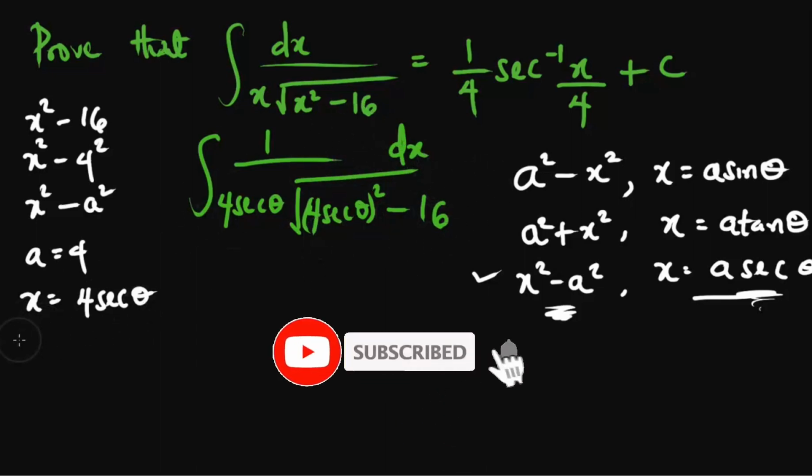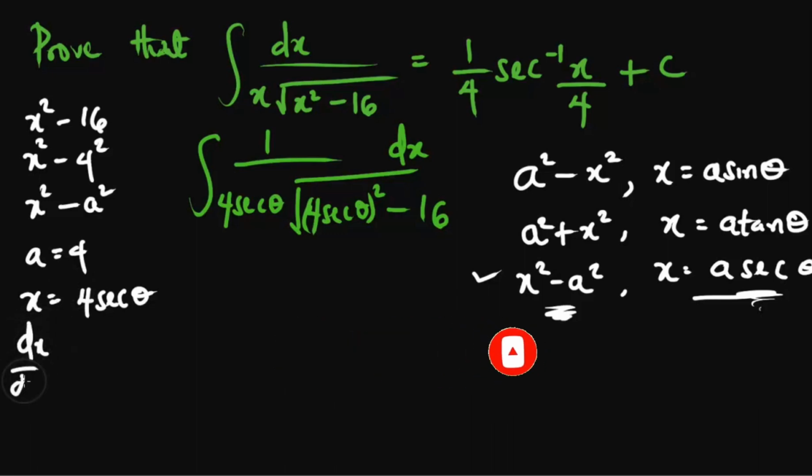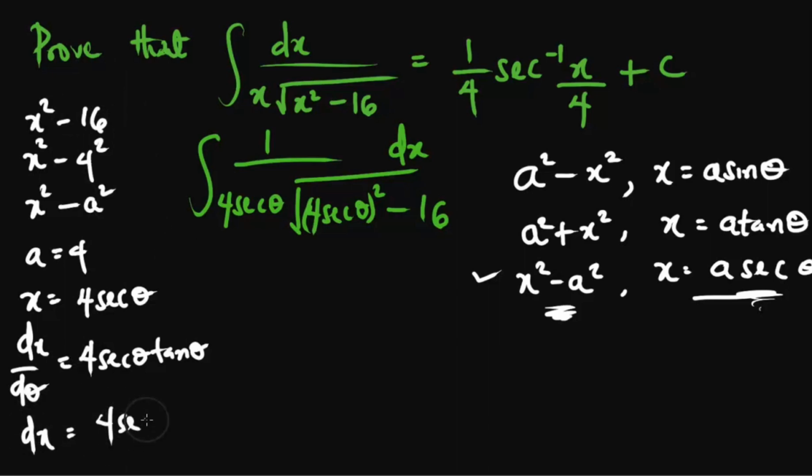So I'm going to differentiate x with respect to theta. So dx over d theta becomes, when I differentiate sec theta, sec theta tan theta, so this becomes 4 sec theta tan theta. So dx becomes 4 sec theta tan theta d theta. I'm going to replace dx with this.